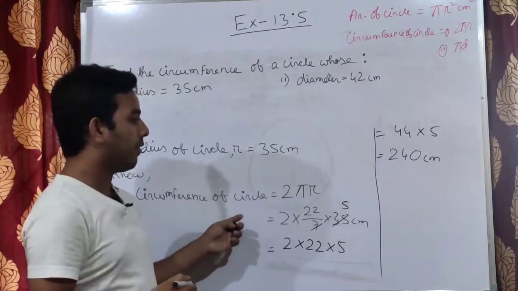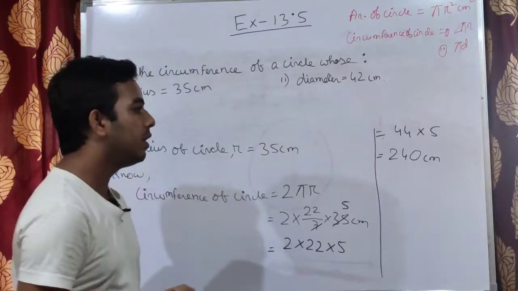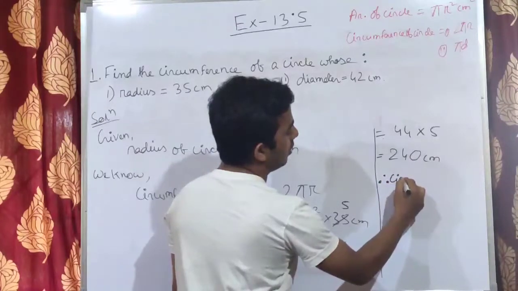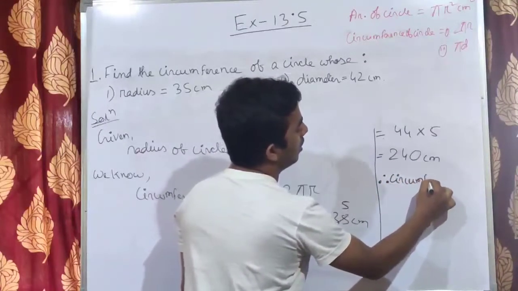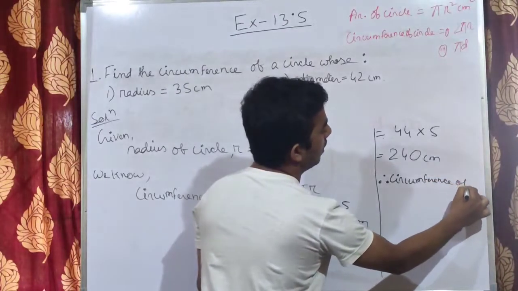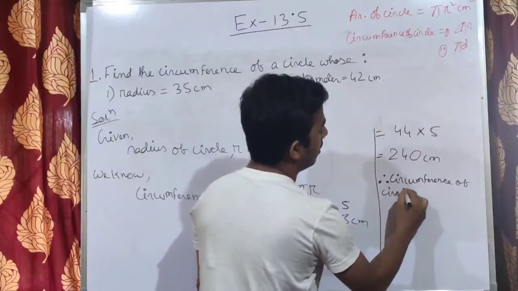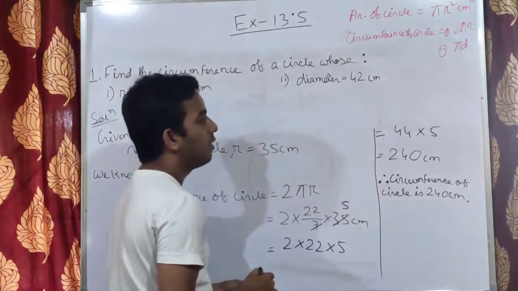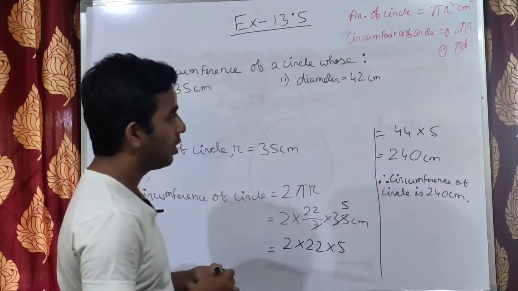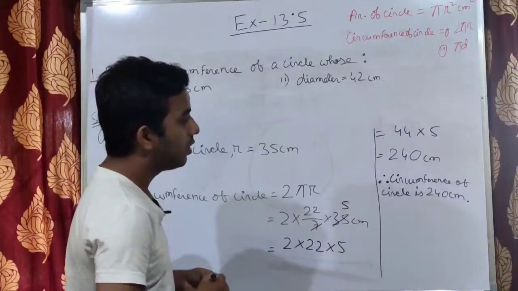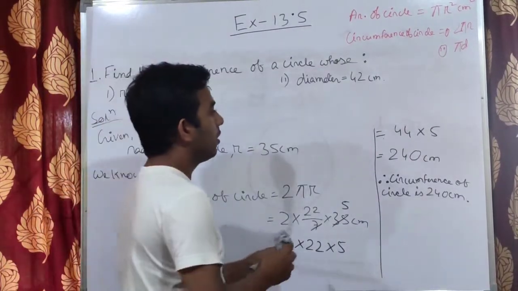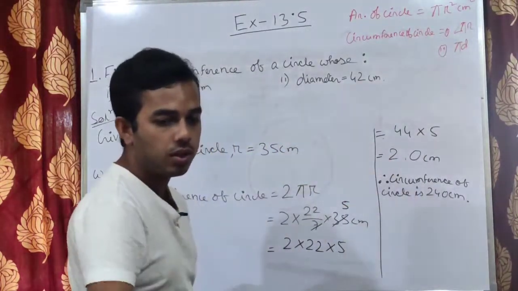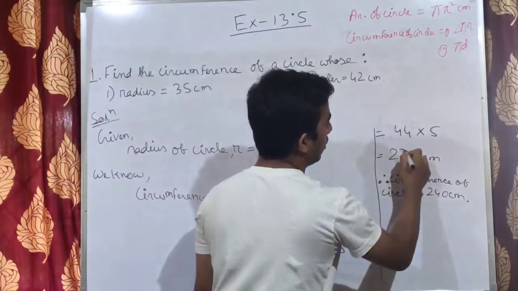So therefore circumference of circle is 240 centimeter. Okay, sorry. 5 into 4 is 20, right? Then 5 into 4 is 20, 20 plus 2 is 22, so 220 centimeter.